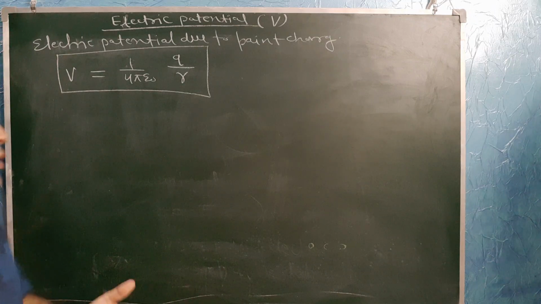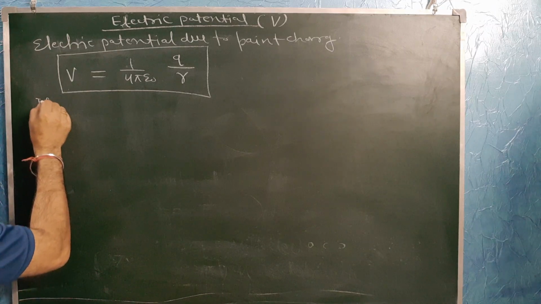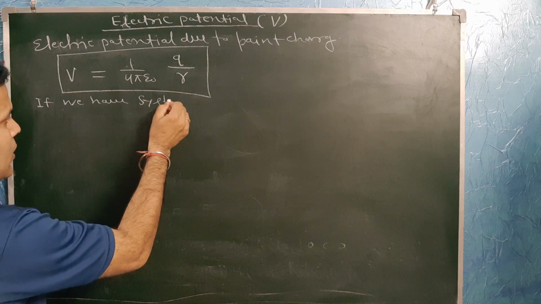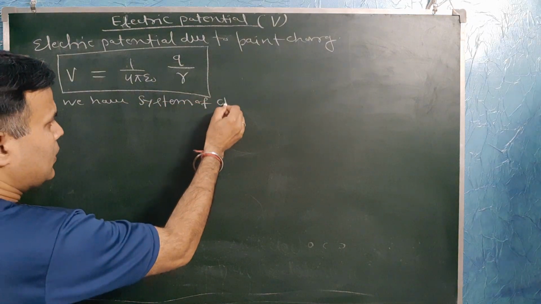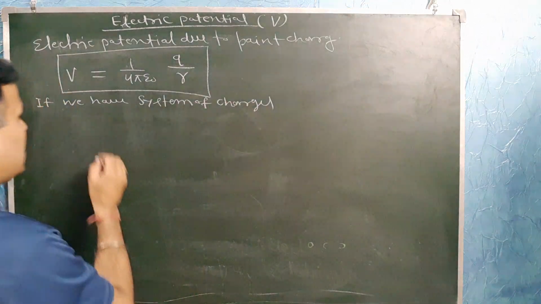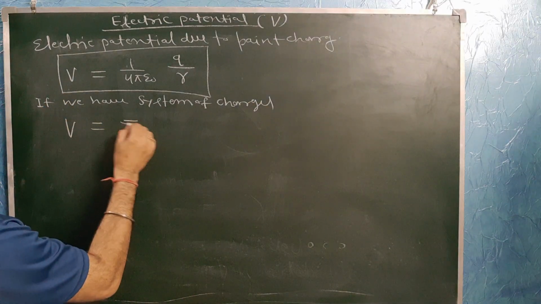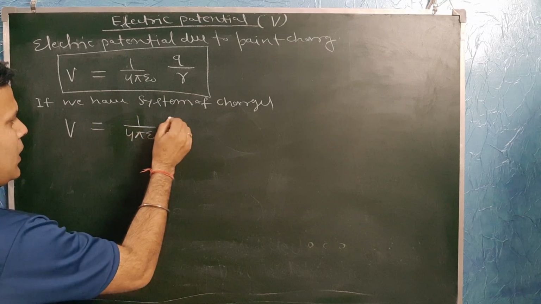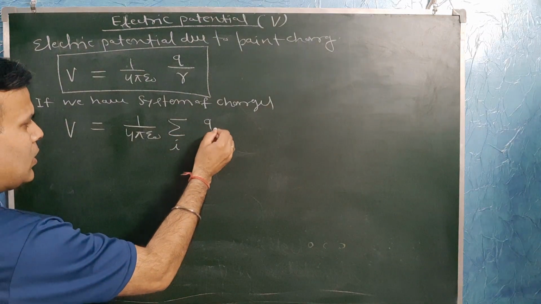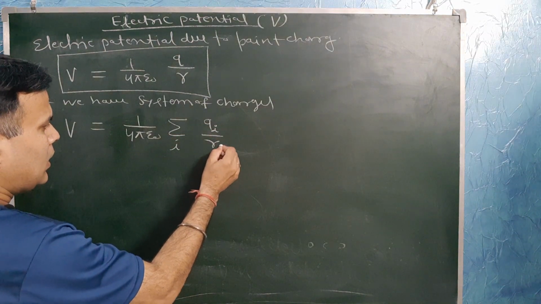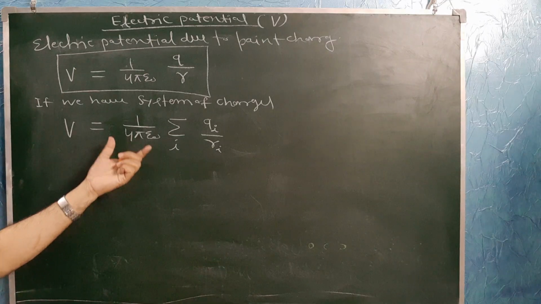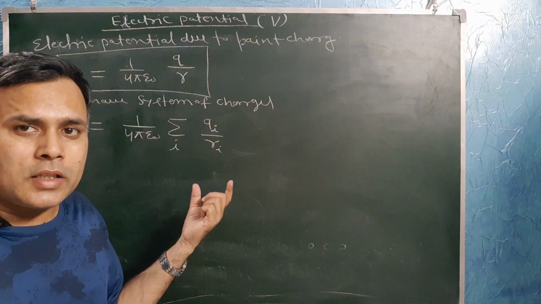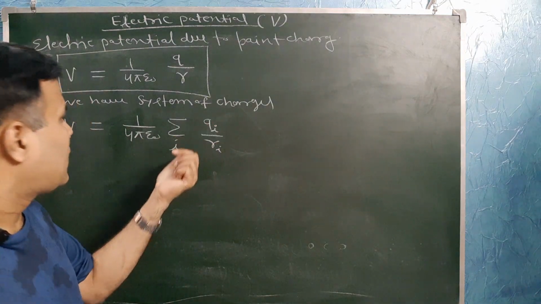Now if we have a system of charges, in that case the electric potential is simply 1 upon 4 pi epsilon 0 times the sum of Qi upon Ri. For a system of charges, and these charges are discrete charges, we have this electric potential profile.